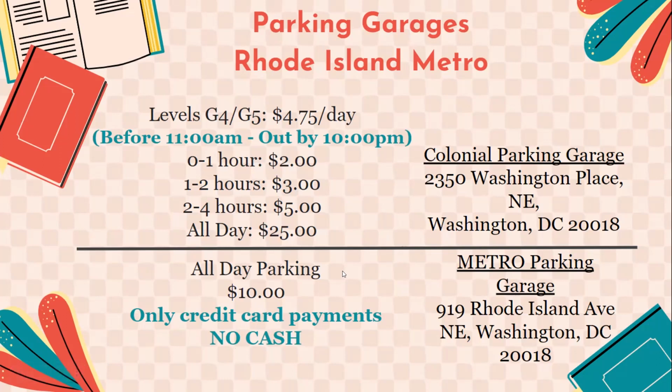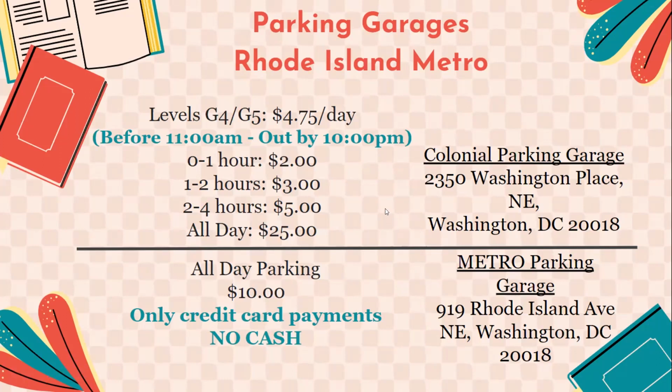Only credit cards. All day, but they don't have any breakdown. Oh, and levels G4 and G5, $4.75 a day for the Colonial parking. Not bad. When the Metro parking garage is $10 a day. Ooh.